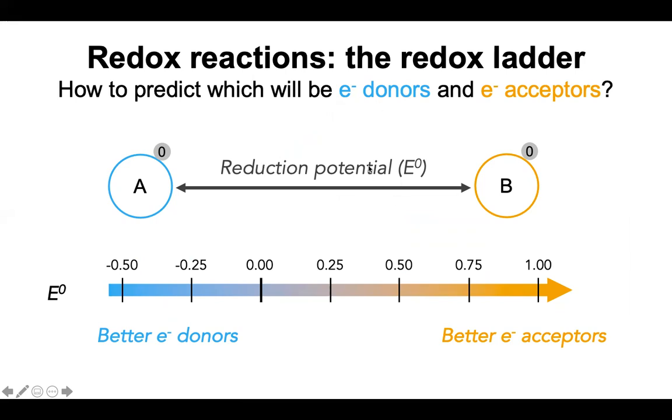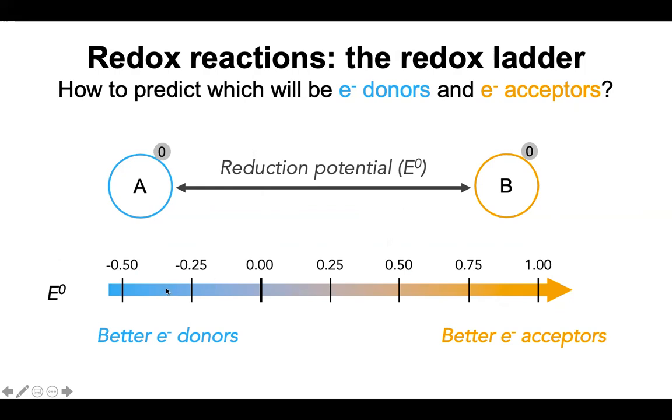Reduction potential is directly related to the amount of energy that results from that reaction. Now, a better electron donor has a negative value of this E prime, or reduction potential, and a better electron acceptor has a positive value. The greater the difference between those, the greater the amount of energy that you can get from that reaction.